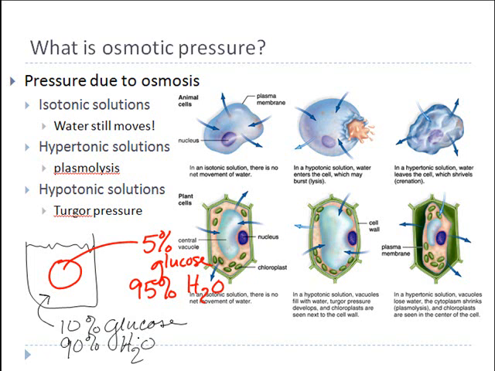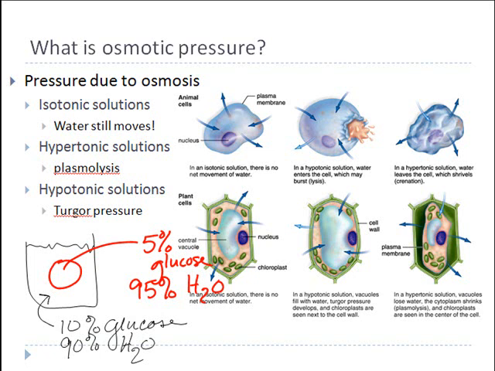Now, if we were going to try to predict what happens to the cell in terms of the movement of molecules across a plasma membrane, we would have to know a little bit more about how the plasma membrane behaves. Given what we know about the plasma membrane, as I said before, it is selectively permeable, and only a small handful of items can go through it.